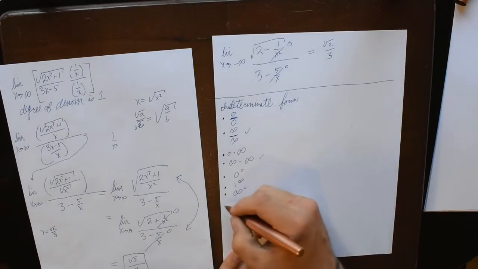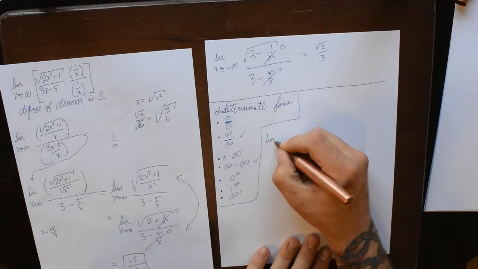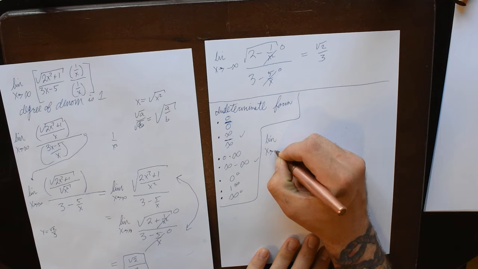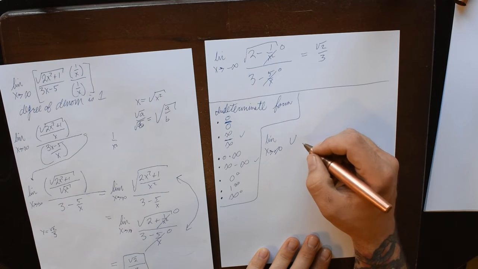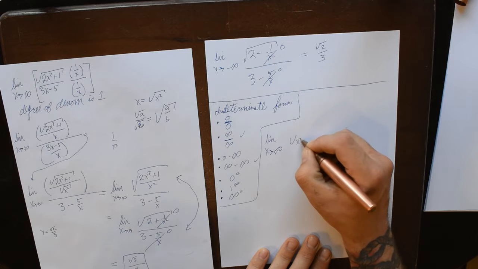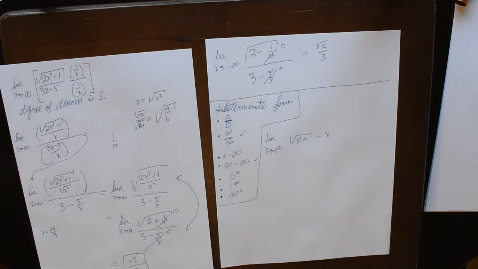So let's talk about the limit as x goes off to positive infinity of the square root of x squared plus 1 minus x.